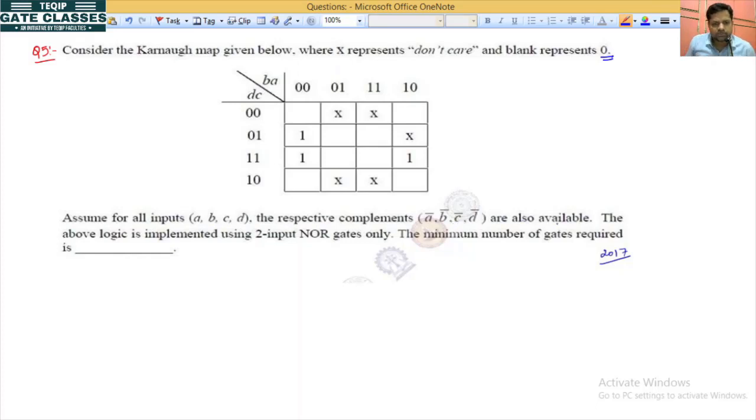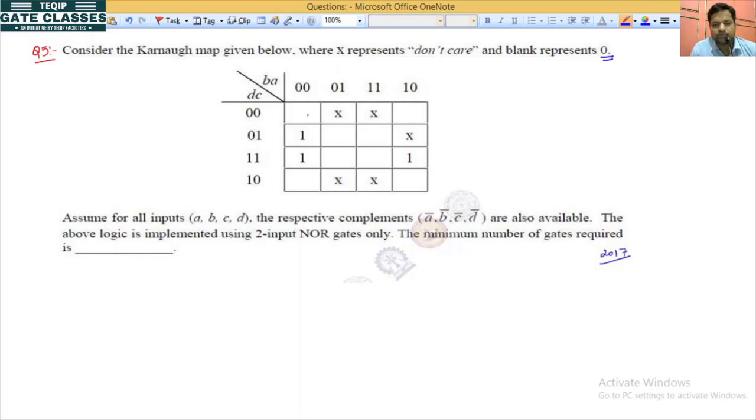Means A, B, C, D normal is given and the complemented form is also given, so no need to apply NOT here to get the complement. Okay? So the above logic is implemented using two input NOR gates only. The minimum number of gates required is asked in the question.